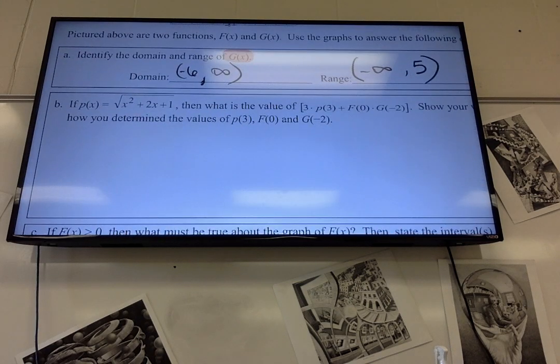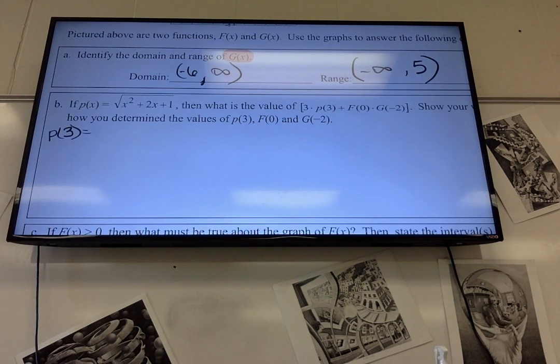Okay, now part B. If P of x equals blah, then what's the value of blah? Show how you determine the values of blah. All right. So let's start with P of 3. I'm just going to do that first.